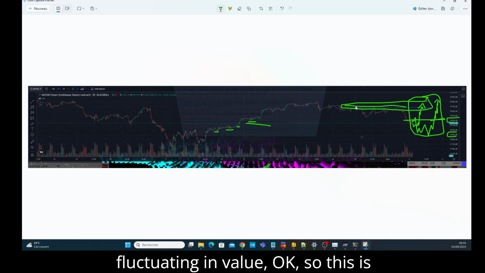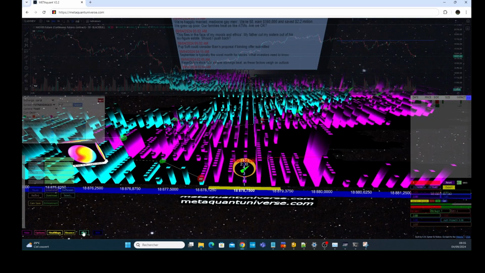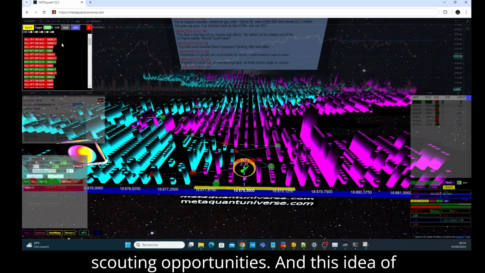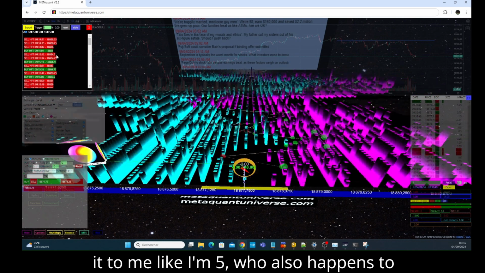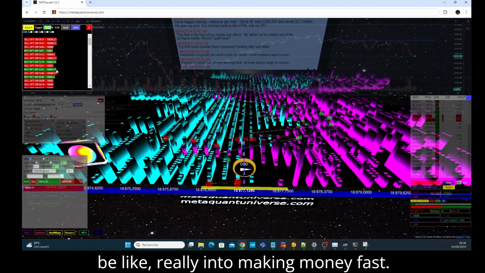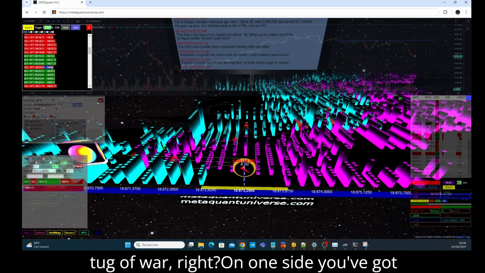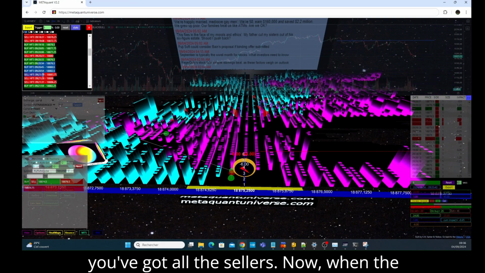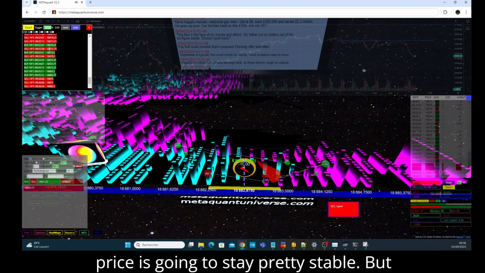For a product that is constantly fluctuating in value. Okay, so this is where it gets really juicy. Chapter 3 in the guide jumps into scalping opportunities, and this idea of order imbalances seems to be key. Explain it to me like I'm 5, who also happens to be really into making money fast. All right, picture this. You've got a tug of war. On one side, you've got all the buyers, and on the other side, all the sellers. When the tug of war is nicely balanced, the price is going to stay pretty stable.